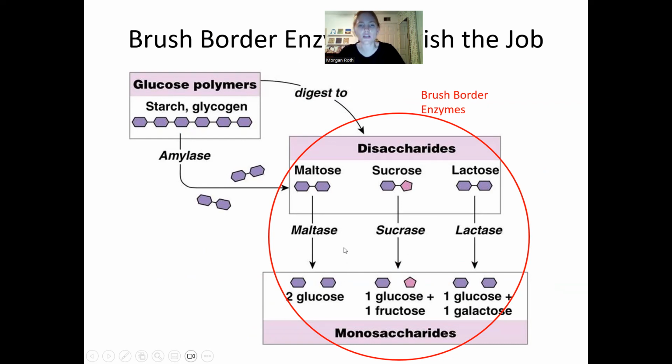So you take your carbohydrates, you break apart those covalent bonds, and that is accomplished using those brush border enzymes. Remember, those are the enzymes embedded in the plasma membrane on those little microvilli. That's why they're called brush border enzymes. The brush border created by the microvilli has these enzymes embedded in it, and they continue the digestion all the way down to the monomers, which would be monosaccharides.